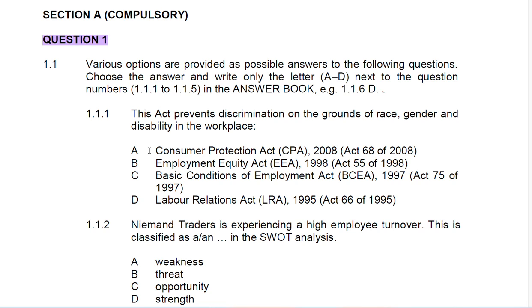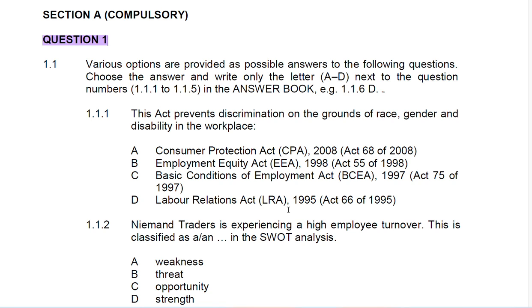A is the Consumer Protection Act, CPA, Act 68 of 2008. B is the Employment Equity Act, EEA, Act 55 of 1998. C is the Basic Conditions of Employment Act, BCEA, Act 75 of 1997. And D, the last one, is the Labour Relations Act, Act 66 of 1995.